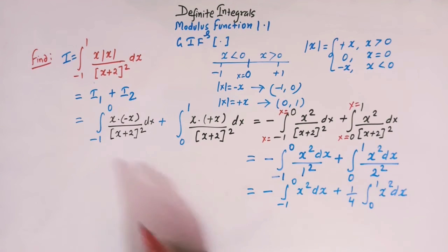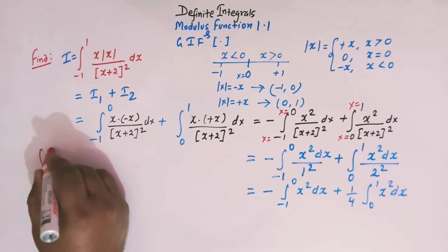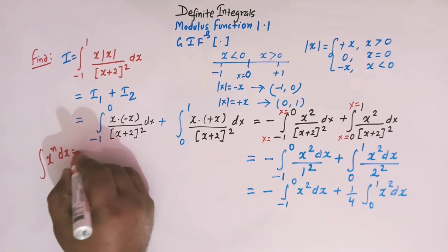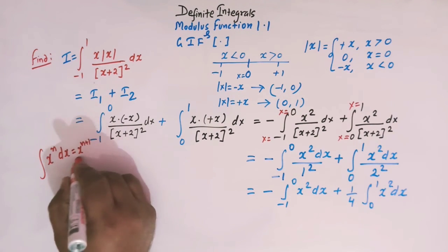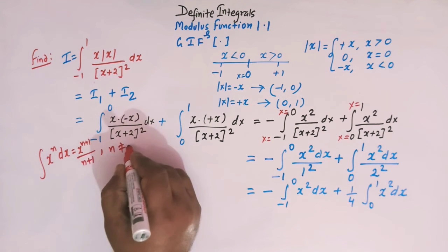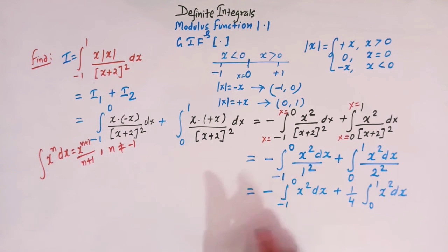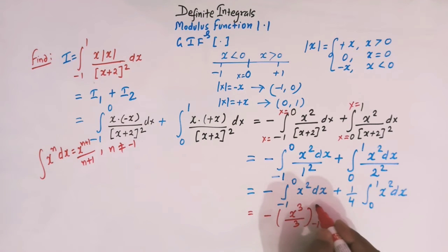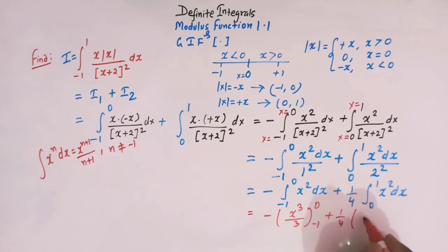So now we have two simple integrals to evaluate. So now using the result, that is integral of x raised to n dx is x raised to n plus 1 over n plus 1, where n is not equal to minus 1. So this integral becomes minus, this is x cube over 3 from -1 to 0, and here we have 1 over 4 and this is x cube over 3, and limits are from 0 to 1, right?